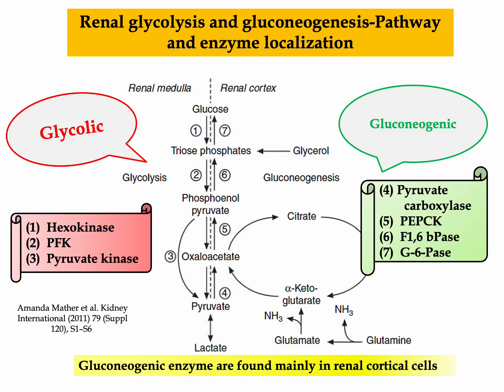This section illustrates the distinct pathways of glycolysis and gluconeogenesis, highlighting how the kidney contributes to glucose metabolism during both fed and fasting states. The kidney uses glycolysis mainly in the renal medulla to generate energy under low oxygen condition, while gluconeogenesis occurs primarily in the renal cortex, especially in the proximal tubules, producing glucose during fasting or stress. Together, these processes help maintain blood glucose level and support the kidney's energy needs.